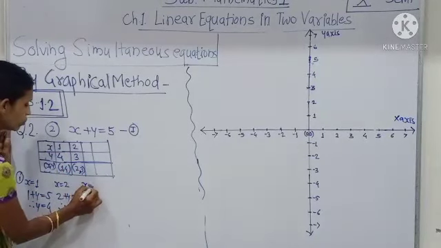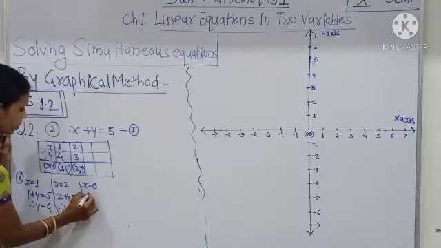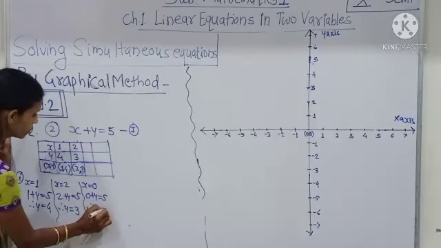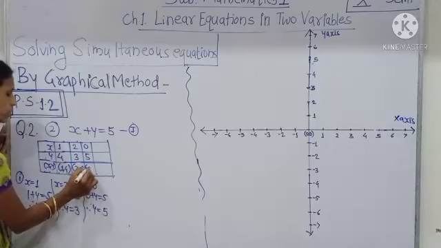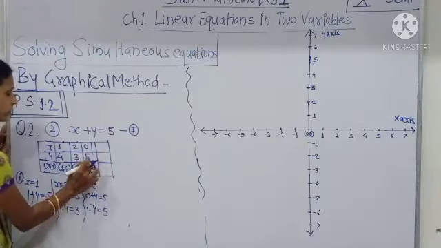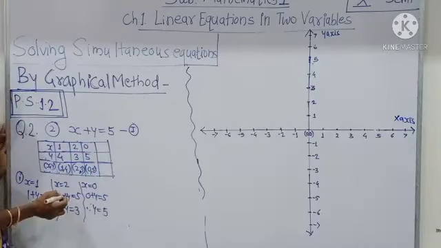If x is equal to 0, then 0 plus y is equal to 5. Therefore, y is equal to 5. Therefore, 0, 5 is one of the ordered pairs for this equation number 1.